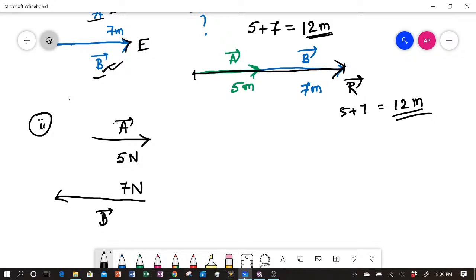This is 5 Newton and this is 7 Newton. So what would be the resultant of these two vectors, that is these two forces, A vector and B vector? Please tell me, guys.